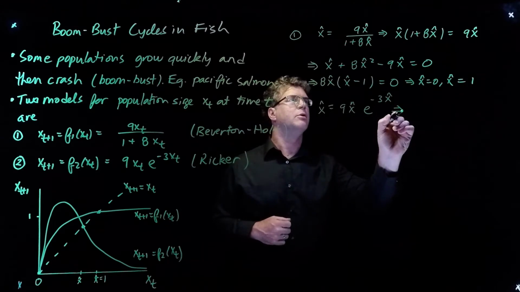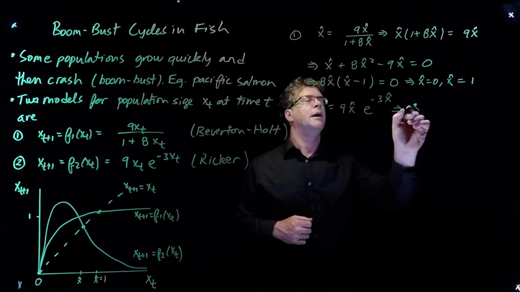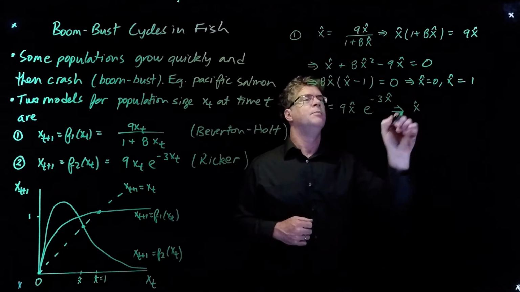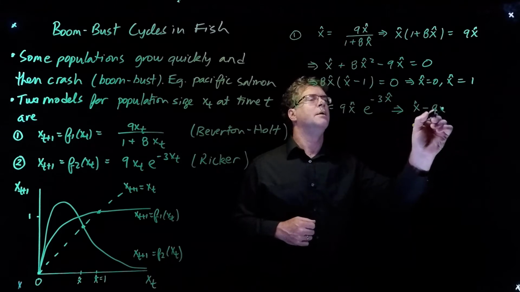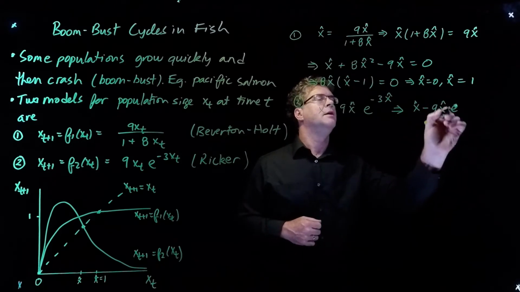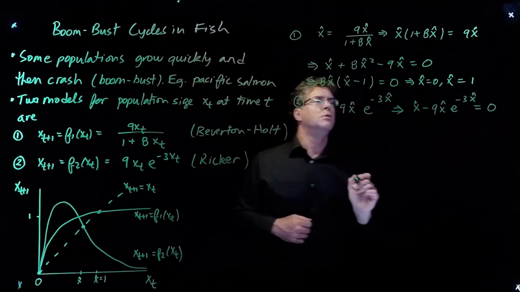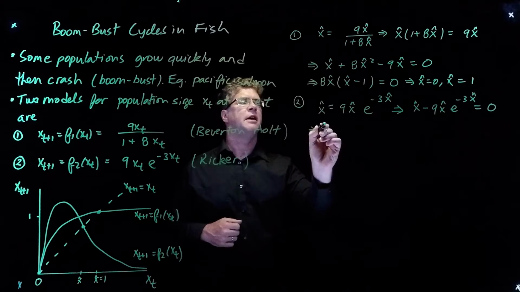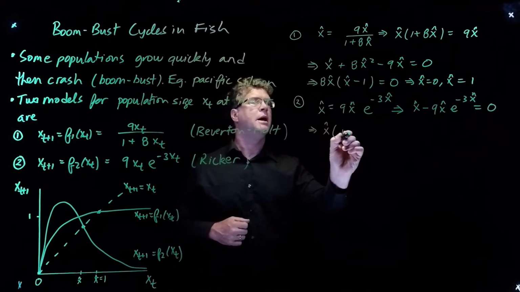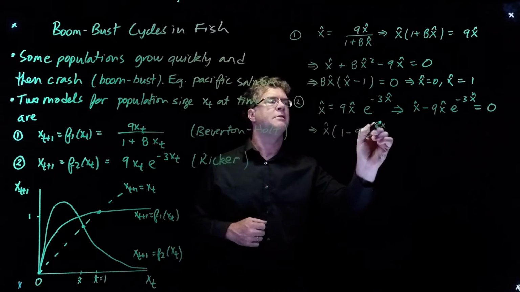If we bring everything over to the left-hand side, we have x hat minus 9x hat e to the minus 3x hat equals 0. You can pull out a common factor, which is x hat. We have x hat times (1 minus 9e to the minus 3x hat) equals 0.